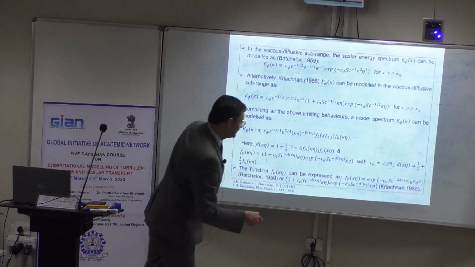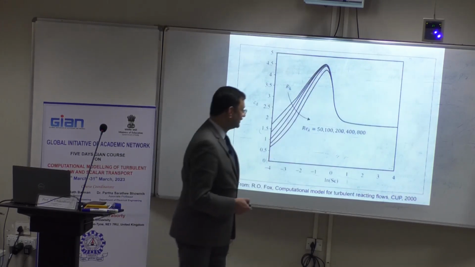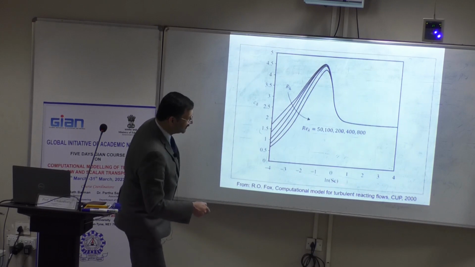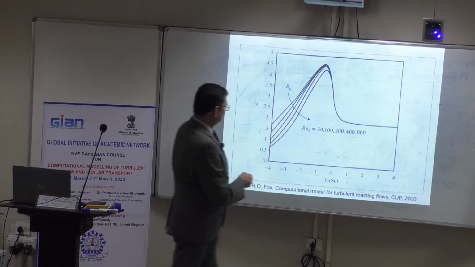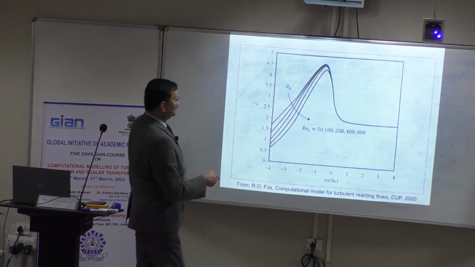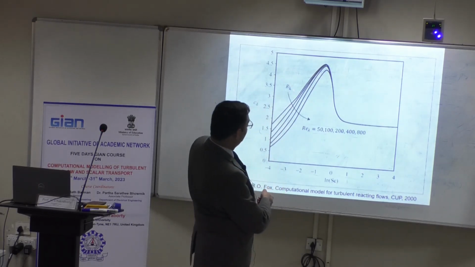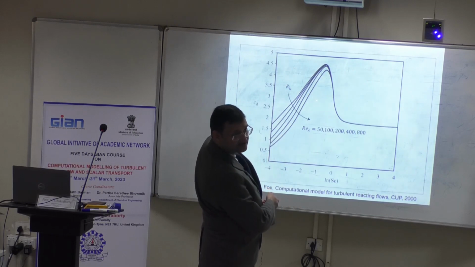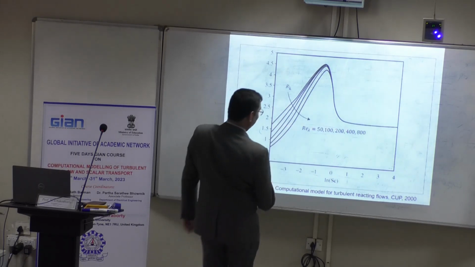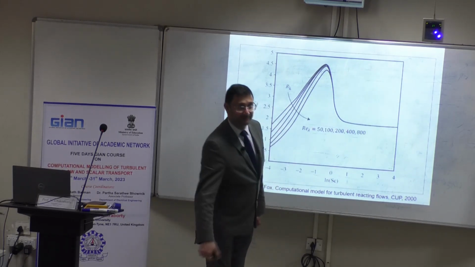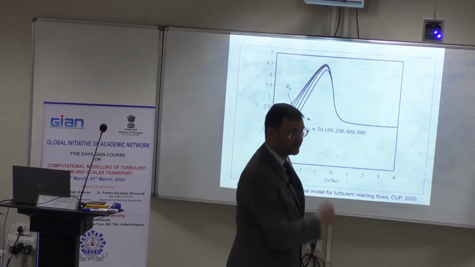FB is given in this manner, and this CD is not really a constant. You can see, depending upon Schmidt number, it can change, but for large Schmidt number, it goes to a limiting value. It is also dependent on the Taylor scale Reynolds number, but mostly it is dependent significantly on Schmidt number. Once again, you can see the signature of molecular properties coming in.